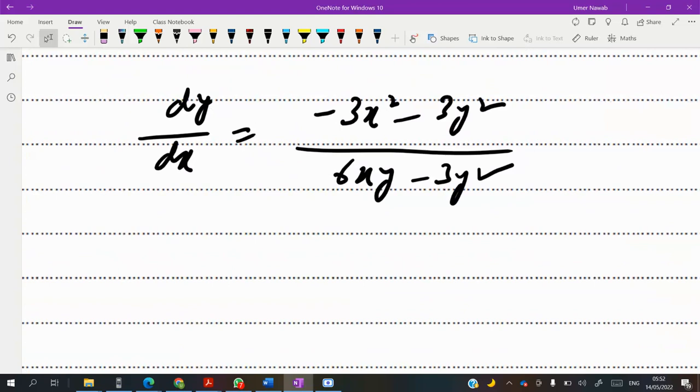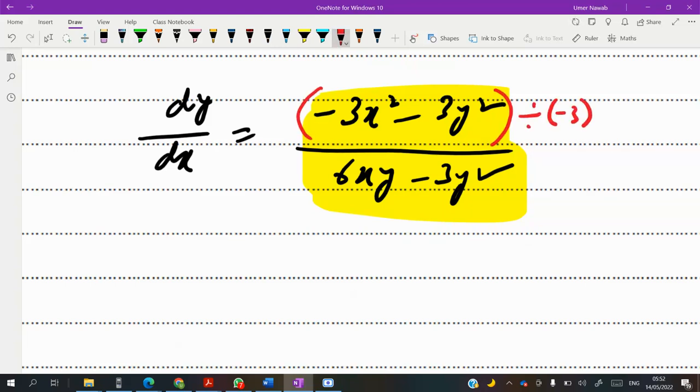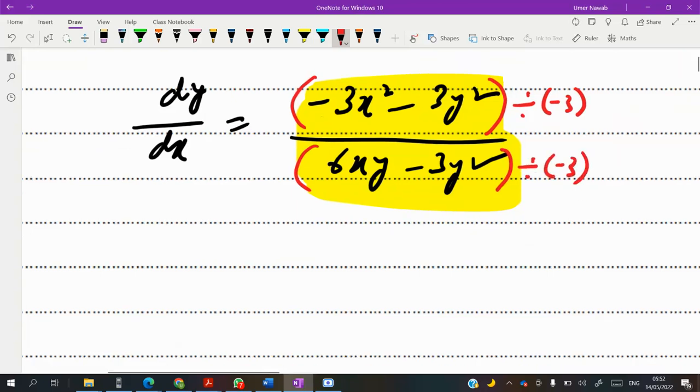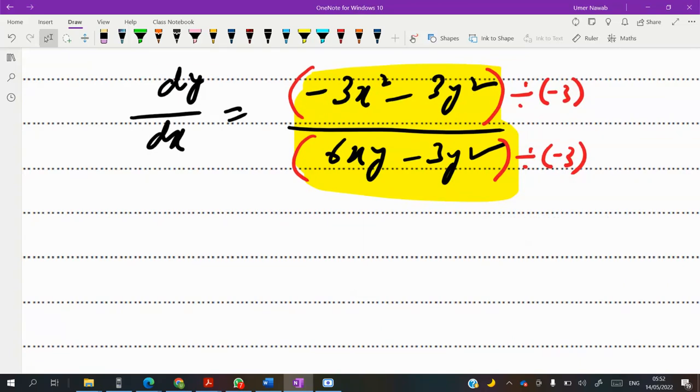Only one thing you need to take care of: can you divide every term, up and down, by -3? Here I'm going to divide this by -3 and this one also by -3, because we have more minuses than pluses, and I want to convert them into the plus sign.